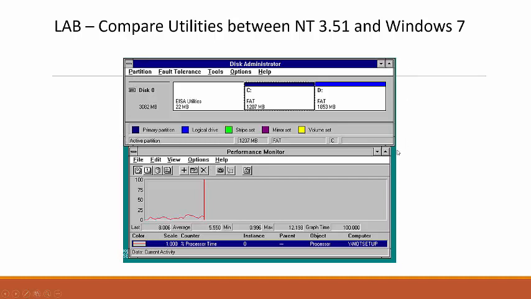Like Disk Administrator is still in Windows even today for taking care of your disk partitions. And perfmon, Performance Monitor, a utility for monitoring how your system is performing, whether it's bogged down or not. You're going through and earning your Microsoft certifications, you're going to be learning how to use these tools. They're not new. They've been around for well over 20 years.